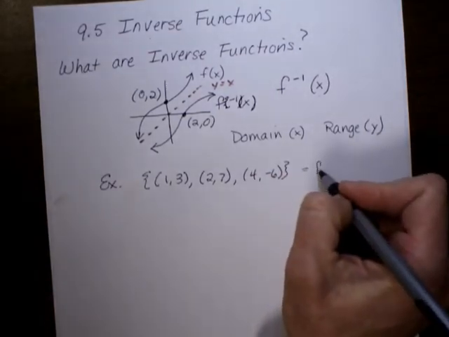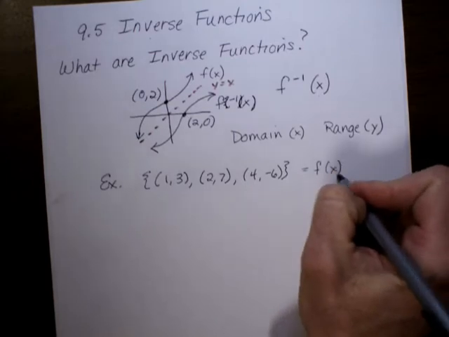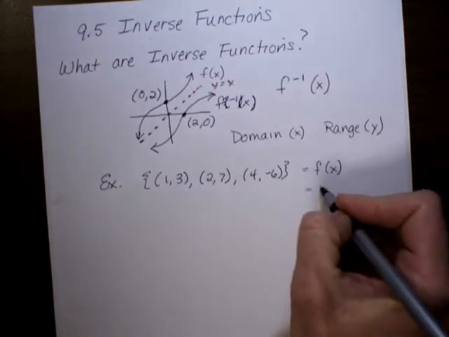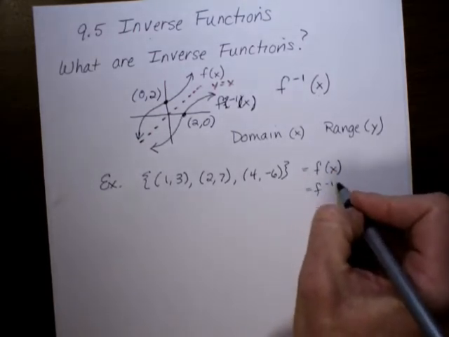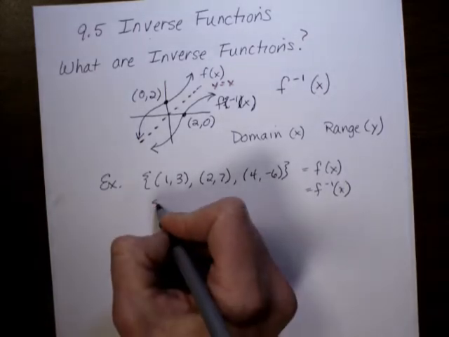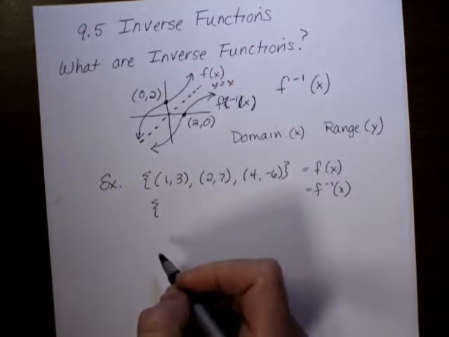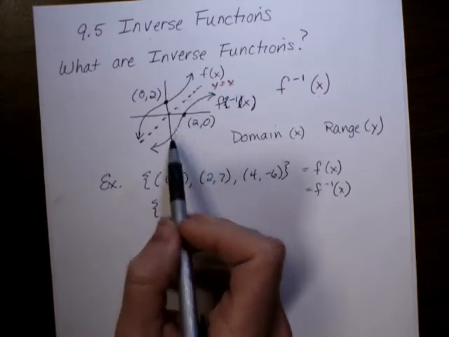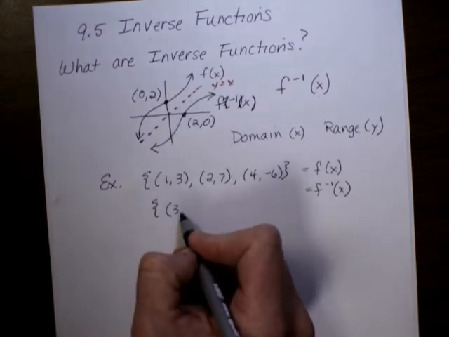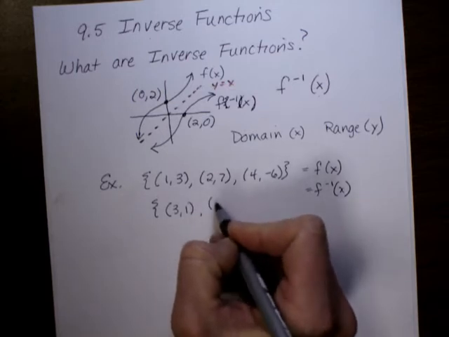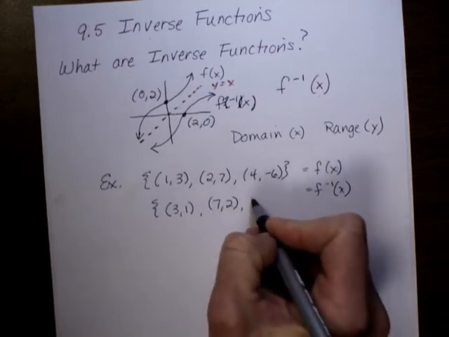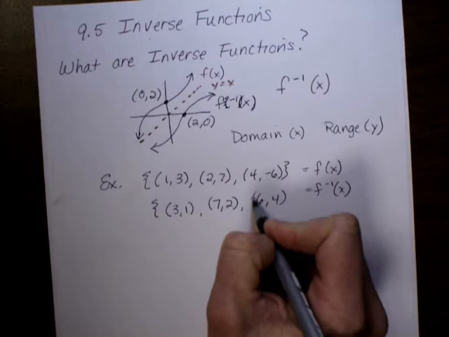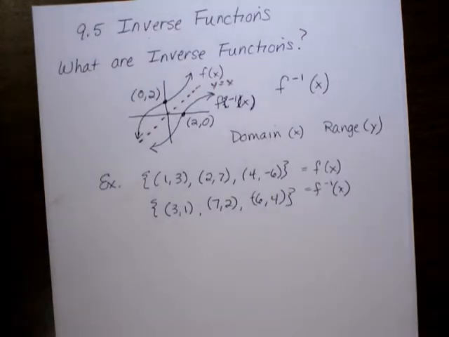This represents our initial function, and I will ask you to name the inverse relation. All you're going to do is swap your x's and your y's, because once again, when I reflect it over that y equals x, that's what happens. So 3, 1, 7, 2, -6, 4. It's as easy as that for part of the homework.